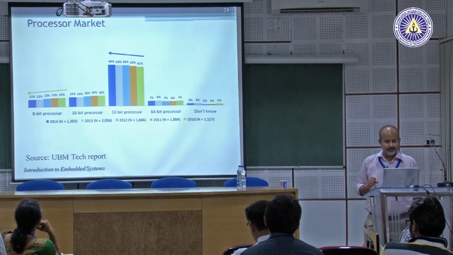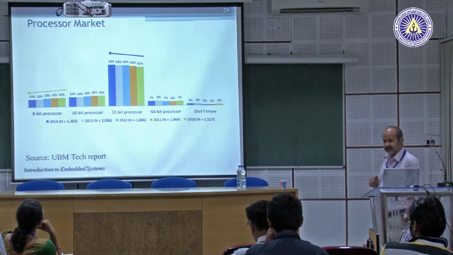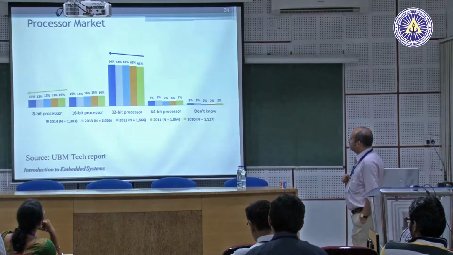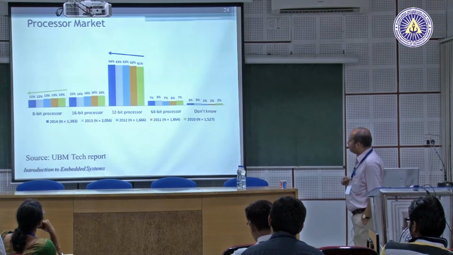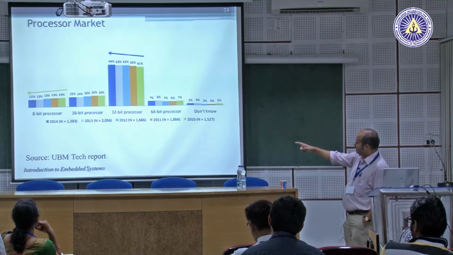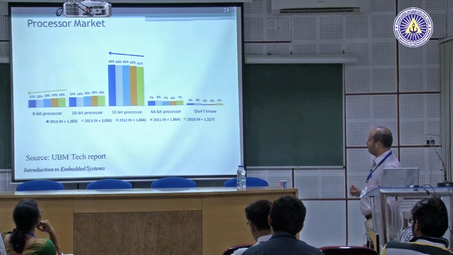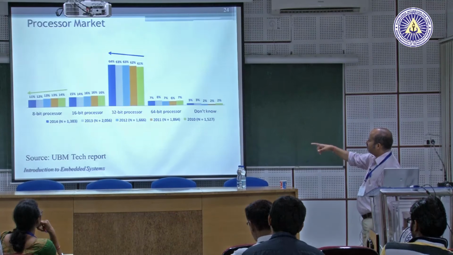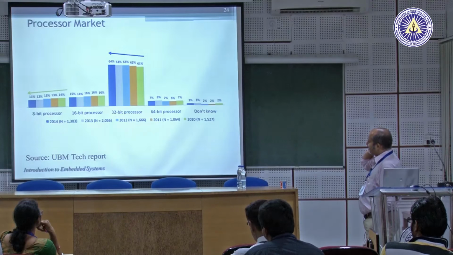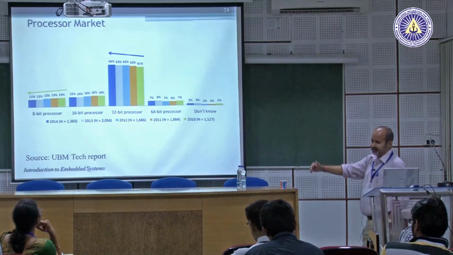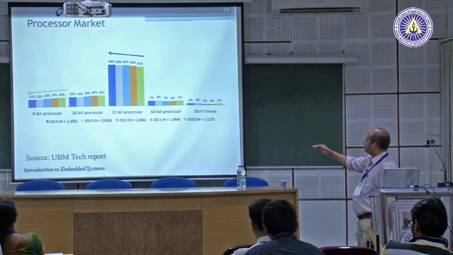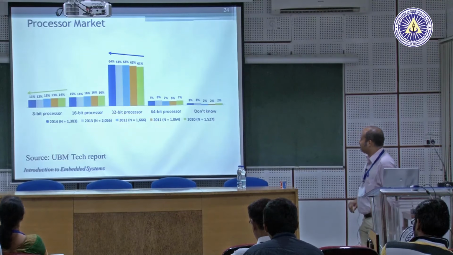Now if you look at the last couple of years, you see that there is a decrease. Here the graph is from right to left for each of these different categories. If you look at the 8-bit microprocessor, their market share has been decreasing, and the 16-bit processor market share is also decreasing, but not so much.